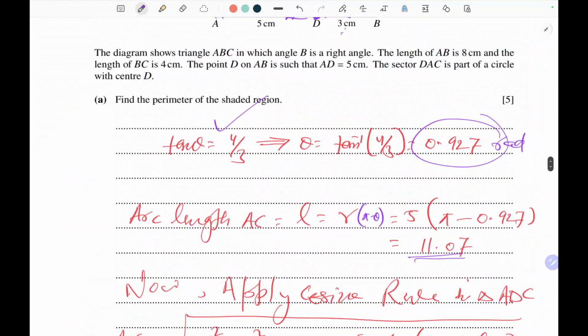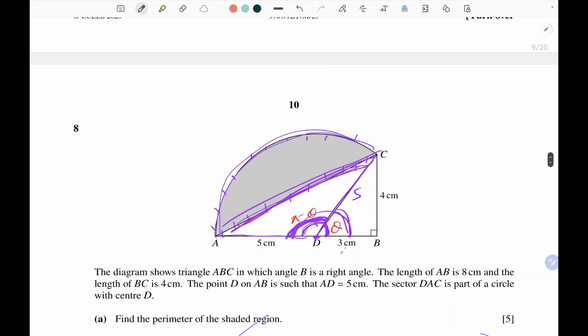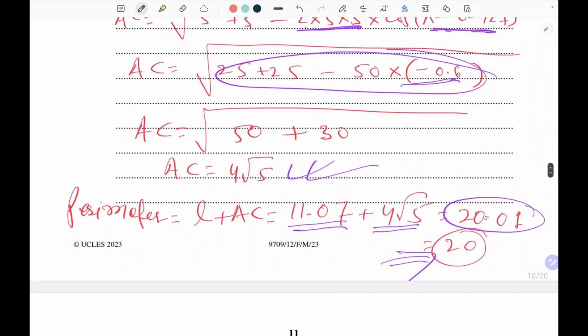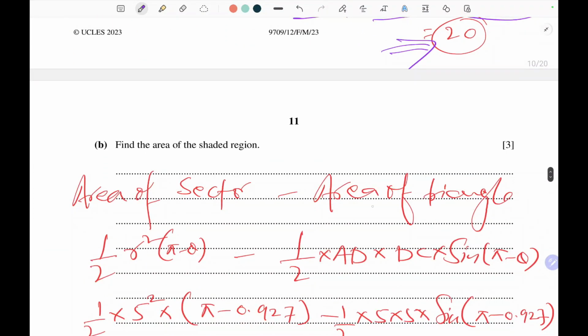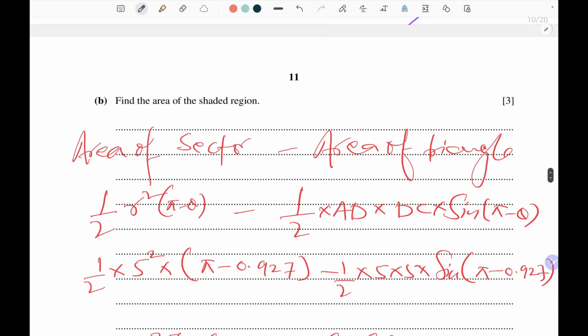Find the area of the shaded region. So area of the shaded region, we can find area of this sector, and then we will subtract this triangle. Okay, so area of the sector minus area of the triangle, and area of the sector is 1 over 2 r square theta.